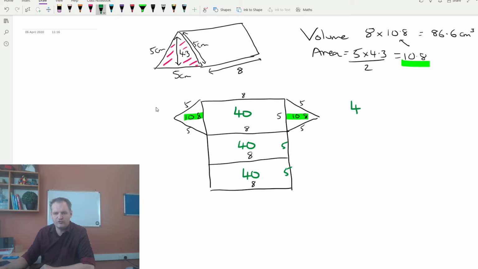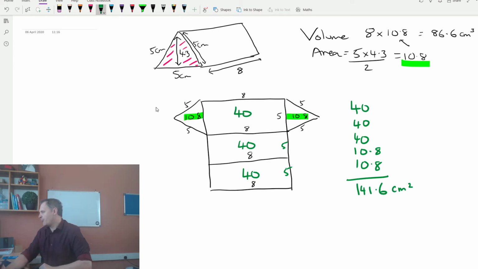So we get 40 plus 40 plus 40 plus 10.8 plus 10.8 is 120, 130, 140, 141.6 centimetres squared.